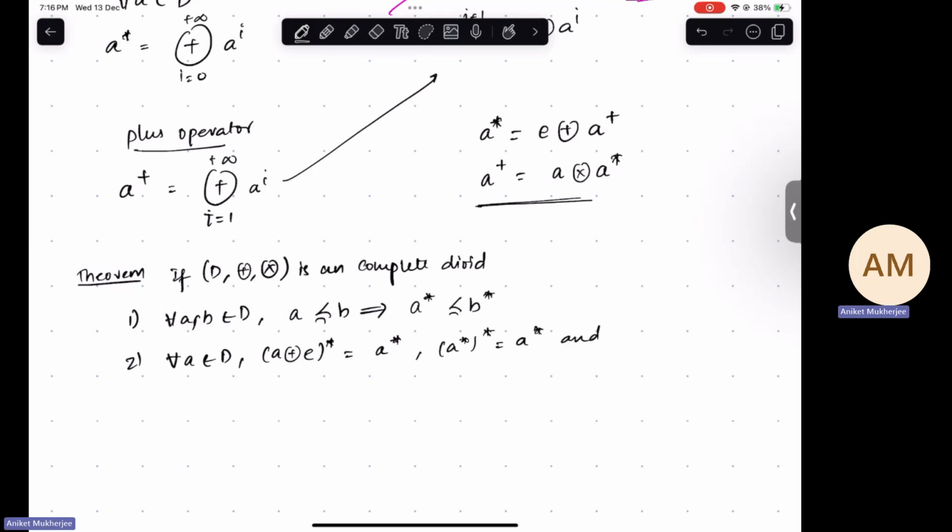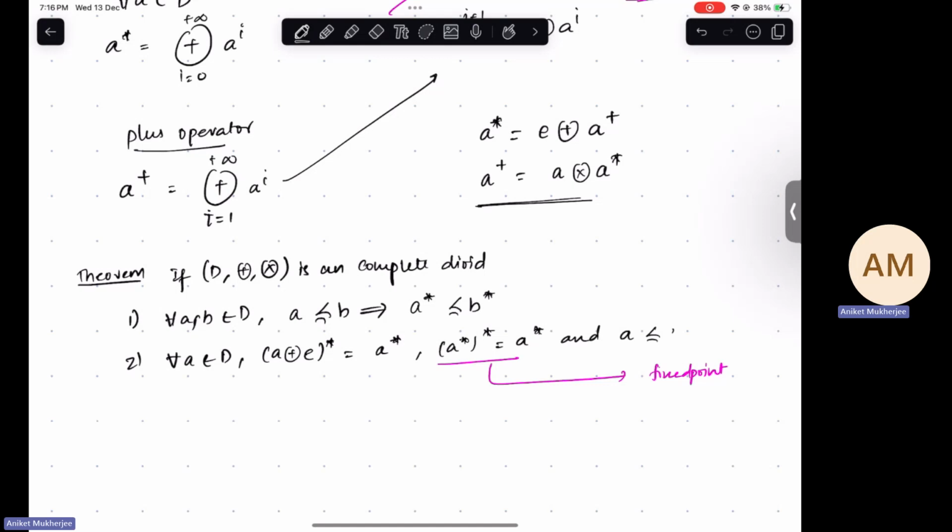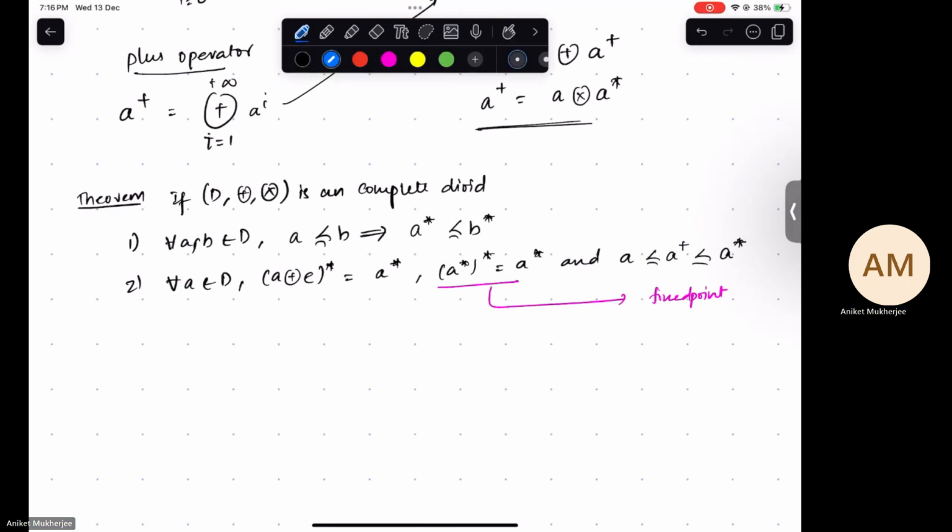So this is somewhat like a fixed point operator. Next, you have A is in the dioid order less than or equal to A star, right? Proof.